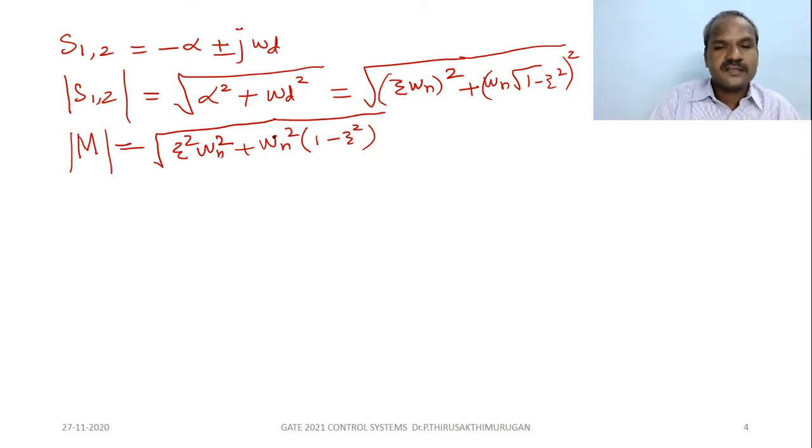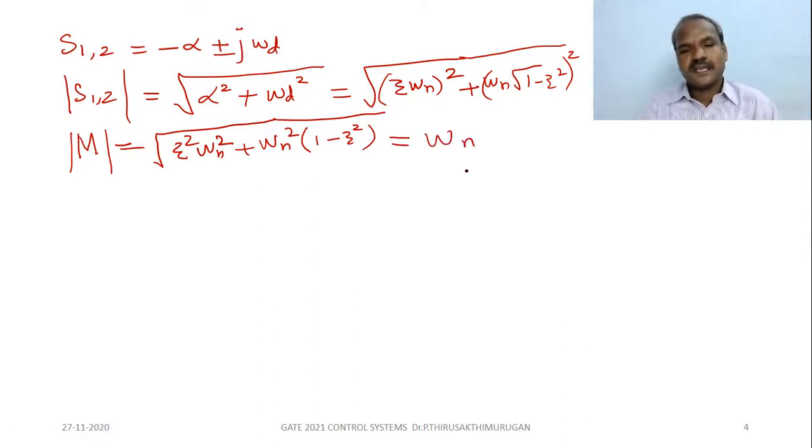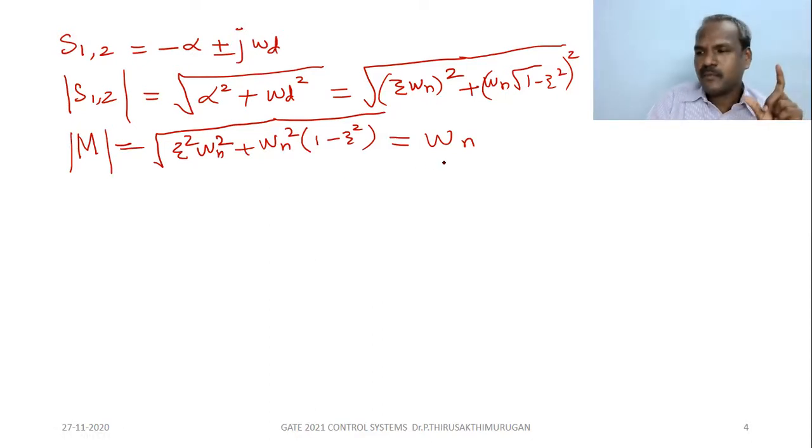So omega n square, and we will be getting the natural frequency. So the two poles are at a distance of omega n from the origin. I will explain with the diagram.